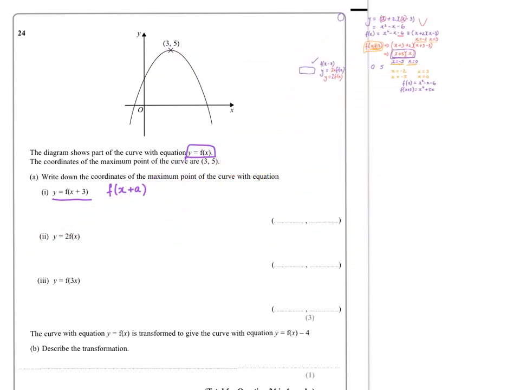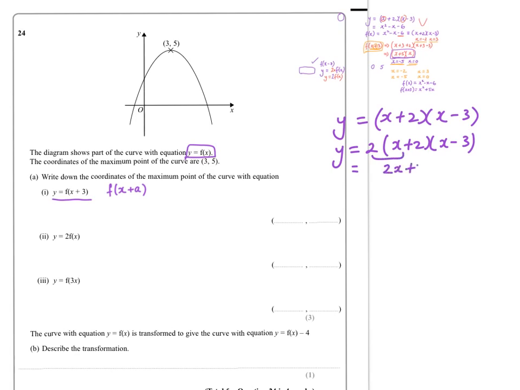If I said my original was y equals x plus 2 times x minus 3, and I'm just going to make it twice as much, so I'm going to times the function by 2, then this 2 could multiply into the first bracket and give me 2x plus 4 times x minus 3, or it could multiply into the second bracket.